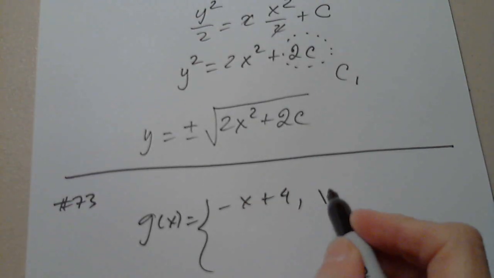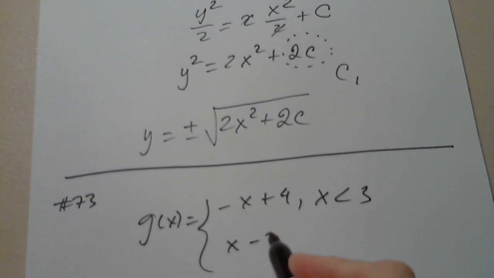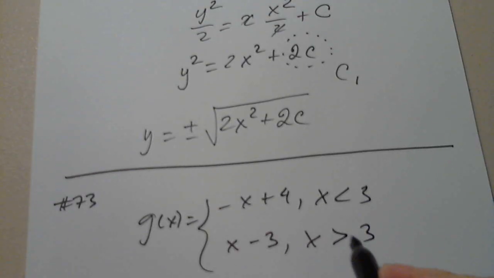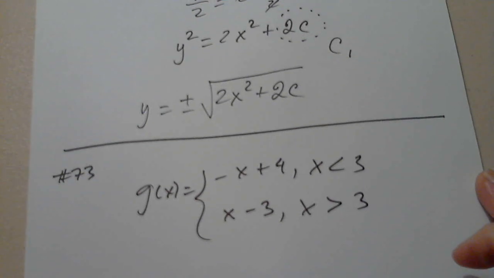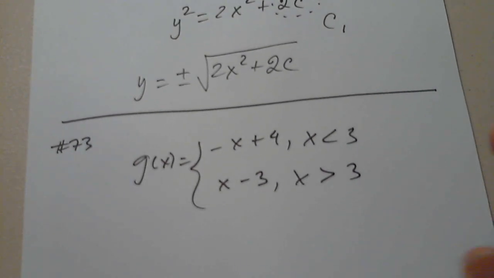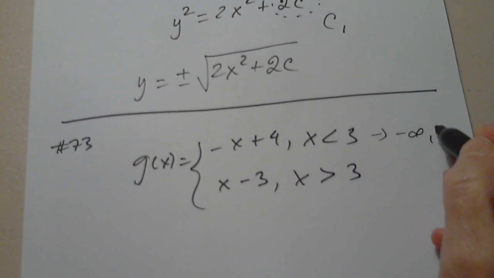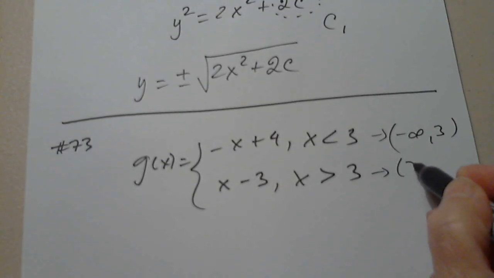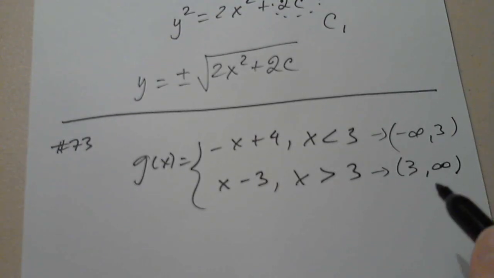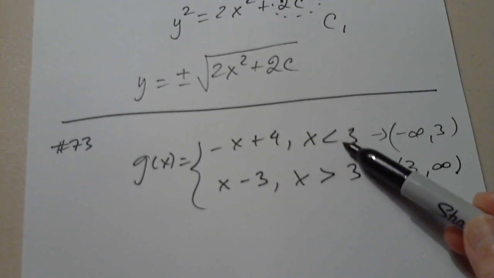Negative x plus 4 for x less than 3, and x minus 3 for x greater than 3. So if you remember, we have to start by identifying the domain. So this changes into negative infinity to 3, and this changes into 3 to infinity. So obviously the function is not defined at 3.